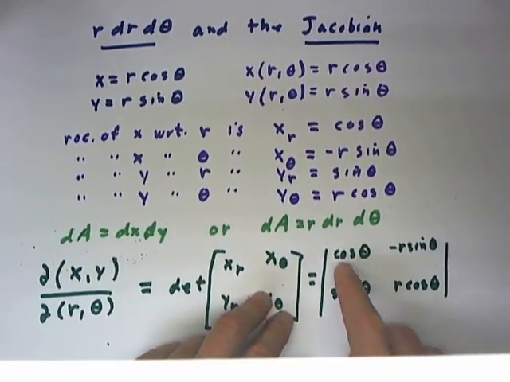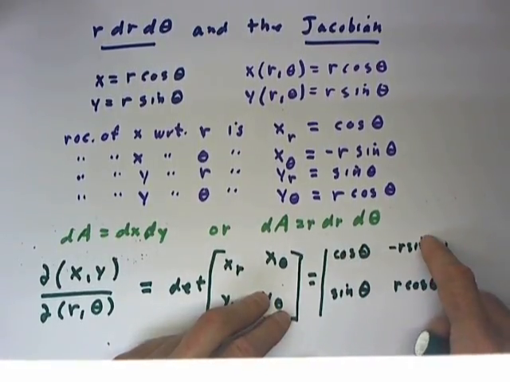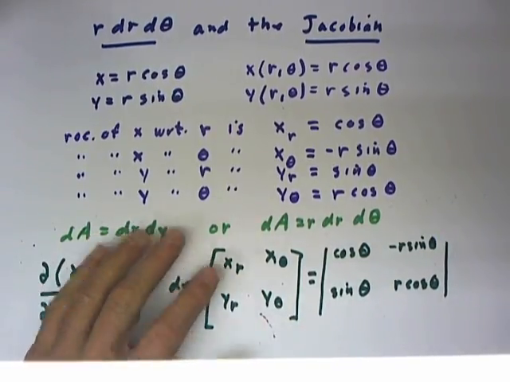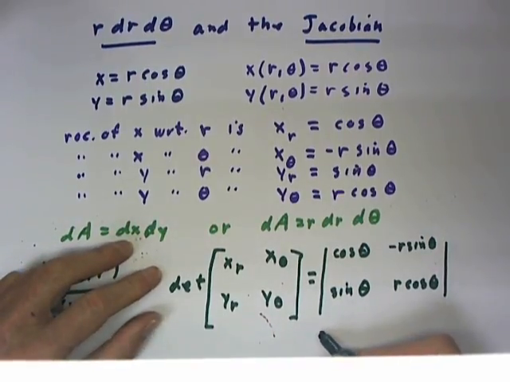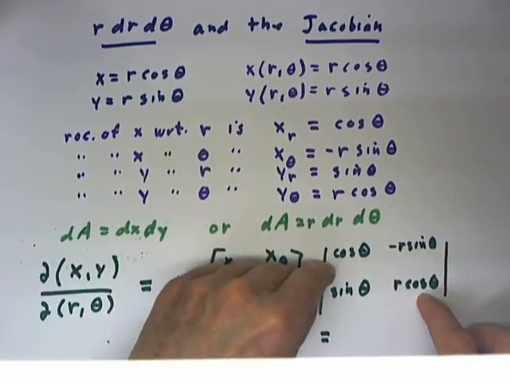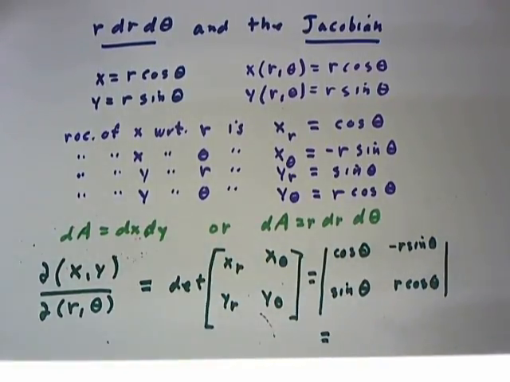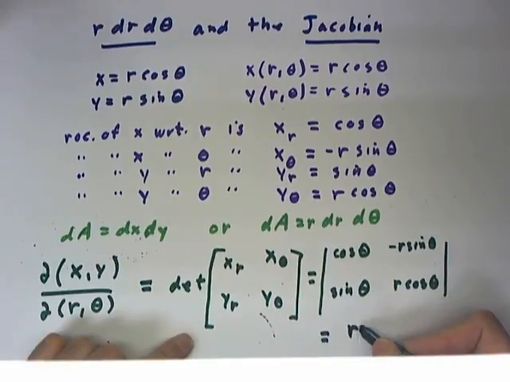To evaluate a determinant, we multiply this by this and this by this. We subtract this product from this product. When we do that, we find that the determinant has value, in this case, simply r cosine squared theta minus negative r sine squared theta. And that's just r.